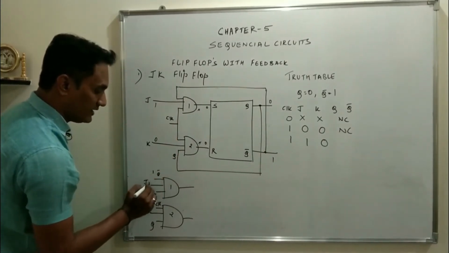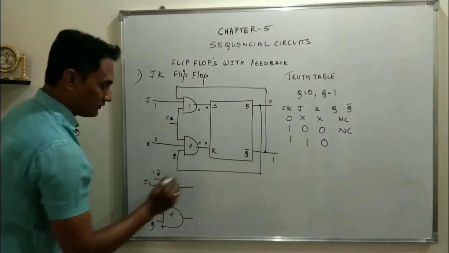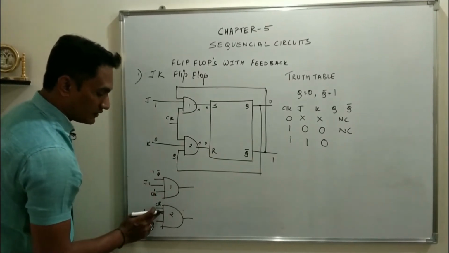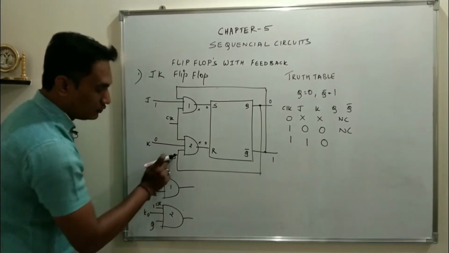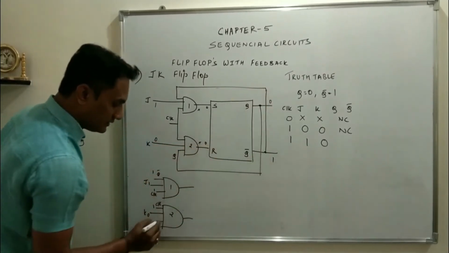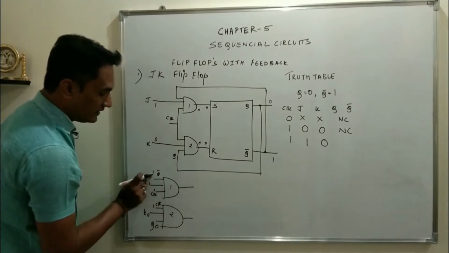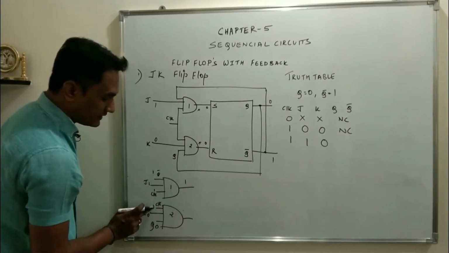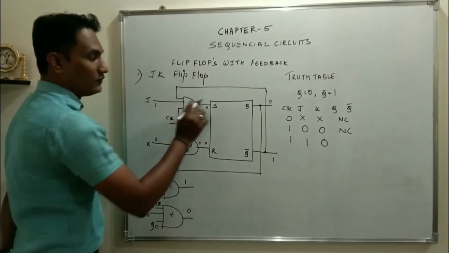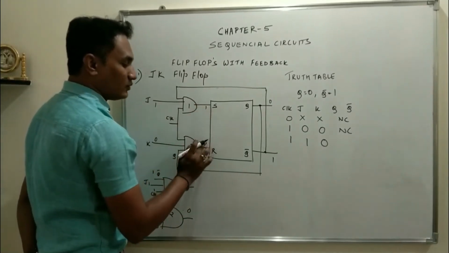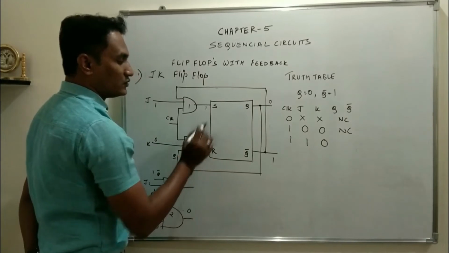So Q bar is 1, J is 1 and clock we had made 1. And for the second AND gate, clock is 1, K is 0 and Q is the initial condition, 0. So for the first AND gate, all three inputs are 1. For the second AND gate, at least one input is 0. So the output will be 0, which makes S equal to 1, R equal to 0.